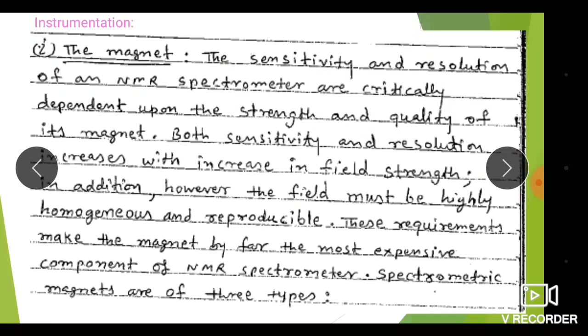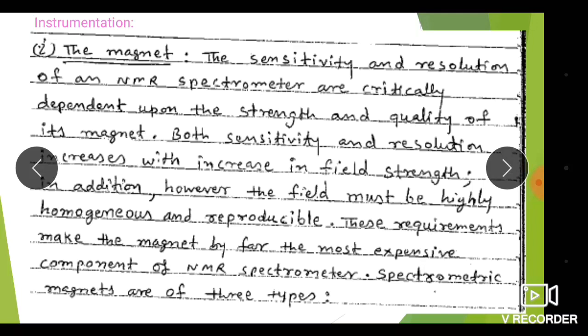So the first important part is the magnet. Friends, what type of magnet is used? A high power magnet is required to bring the NMR active species into resonance.